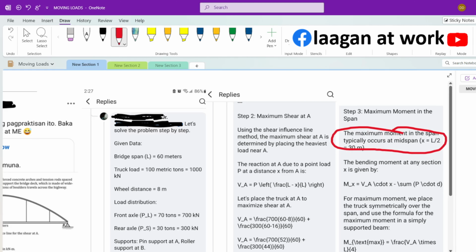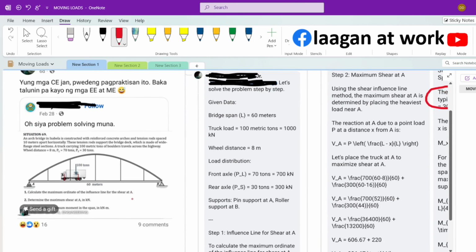Now, if you look at the diagram, the question says there are tension rods, spaced at 10 meters. Now, his calculation considers the length of the span of the member to be 60 meters, disregarding this anchor rod.